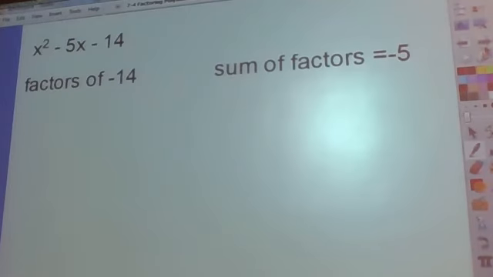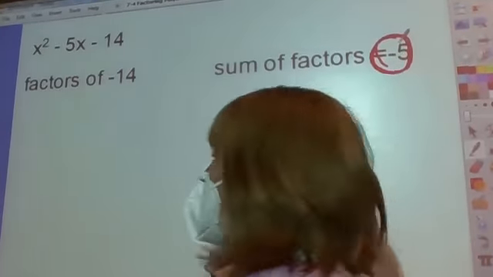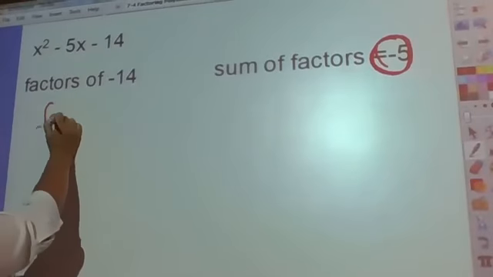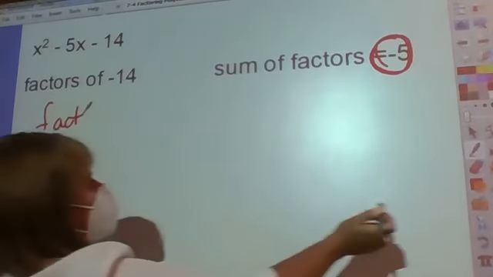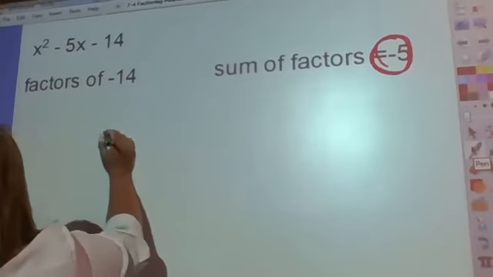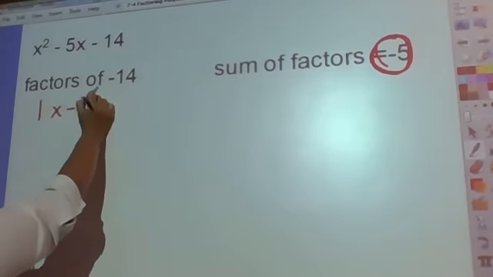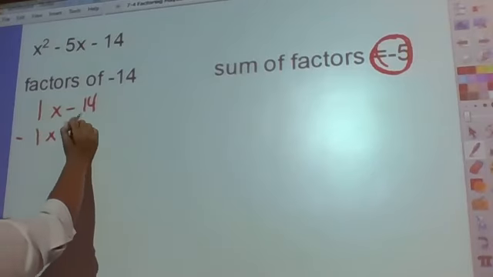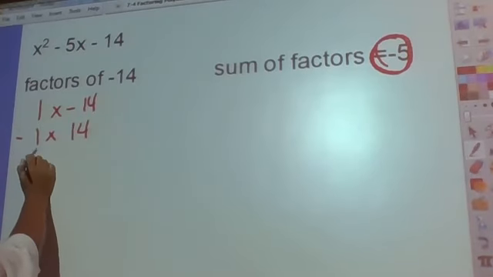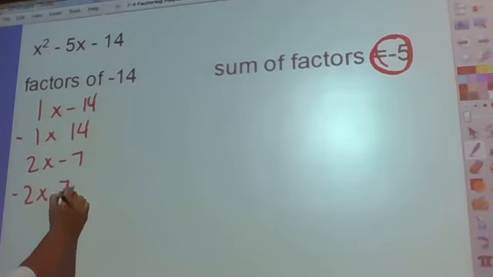So here we go, another special one. Factors of negative 14 that have a sum of negative 5. Let's list out factors. We have 1 times negative 14, negative 1 times positive 14, 2 times negative 7, or negative 2 times positive 7.